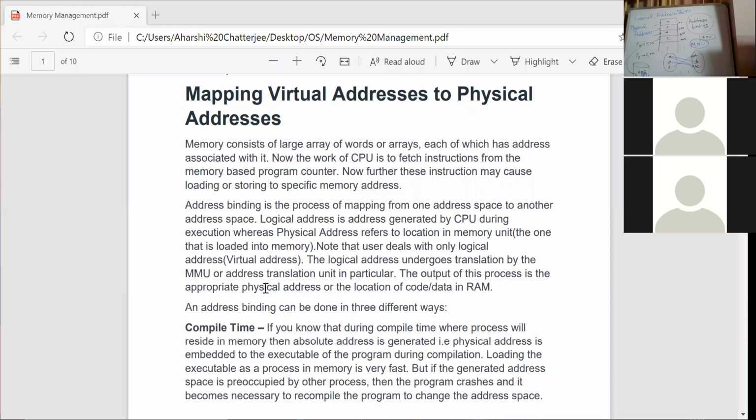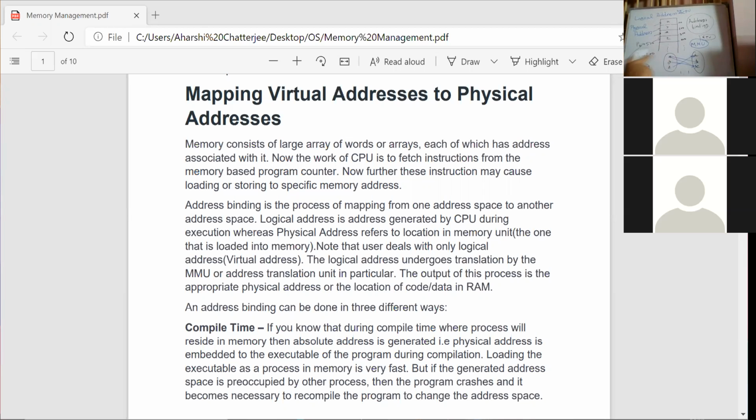I hope you have got my point. If not, please tell me, or I will request somebody to explain what I have said about logical address and physical address. Again, I'm repeating: the address generated by CPU is known as logical address. That address goes through a unit known as memory management unit, and it is converted to physical address, which is the actual address of the data item in the RAM.